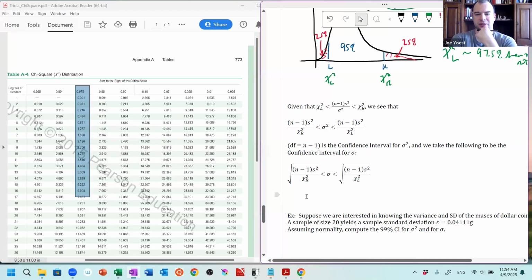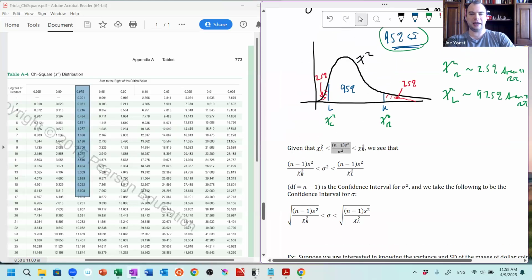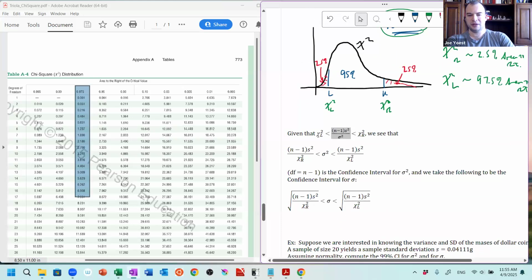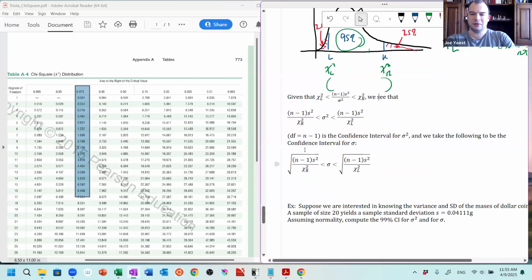Okay, so we have this thing, n-1 times s squared over sigma squared, that's distributed as a chi-square distribution. And we're sticking that between chi-squared left and chi-squared right. That's our confidence interval here, this to that. We can invert everything, which switches the directions of the inequality signs.